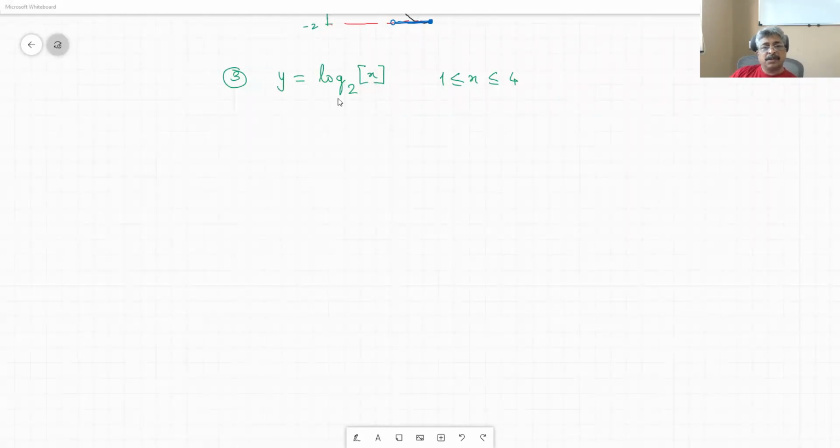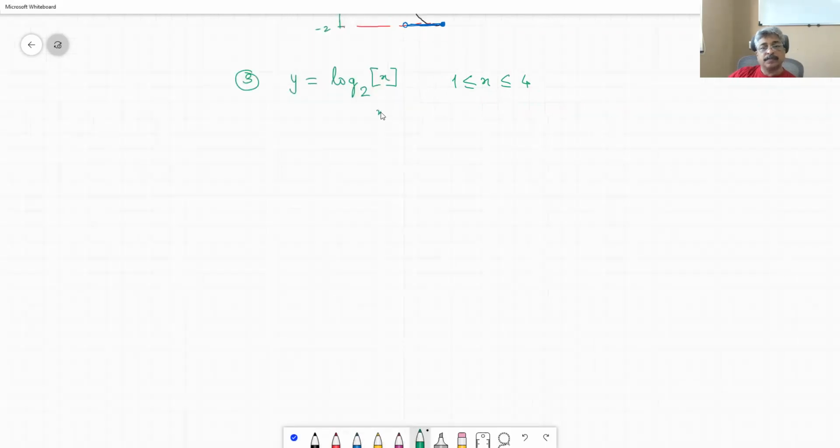Now, I mean, this is easy because if x is equal to 1, okay, you can take it like this: 1 is less than or equal to x is less than 2. Right?